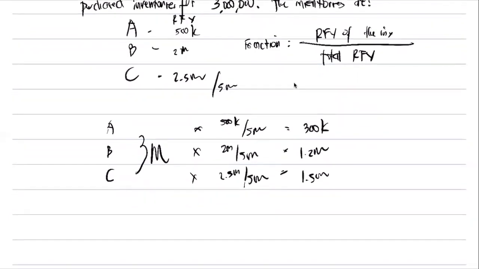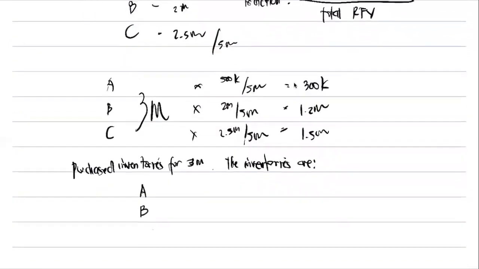That's one example. Another example: purchase inventories for 3 million. The inventories are letter A, letter B, letter C. So you are given the units and the selling price or the relative fair value of each.